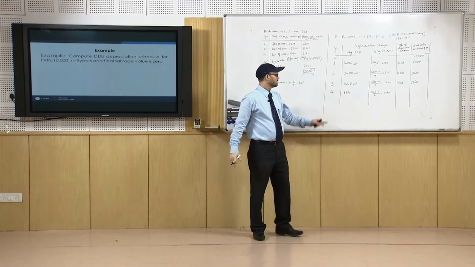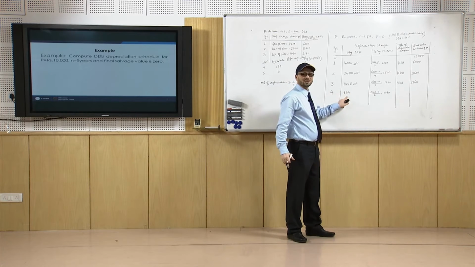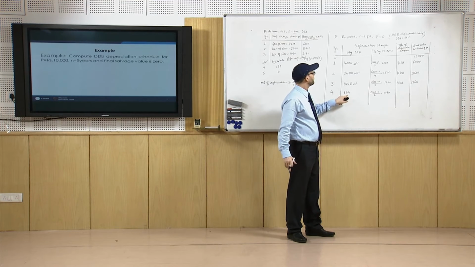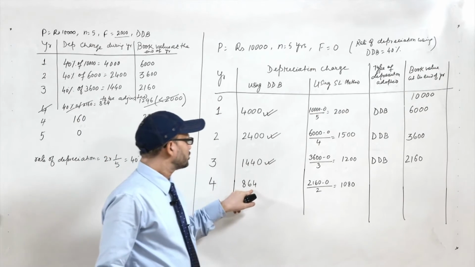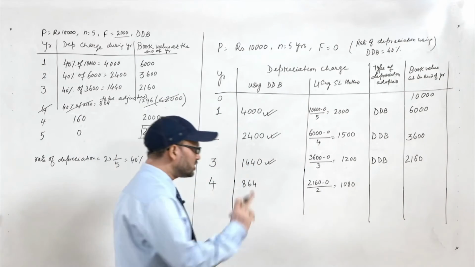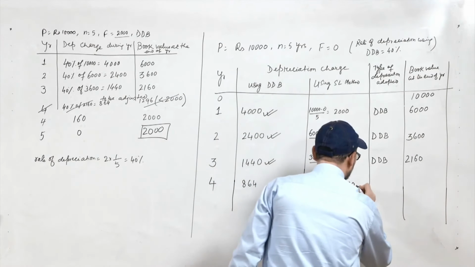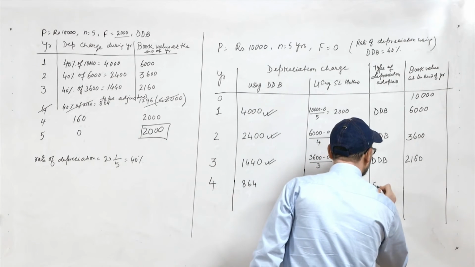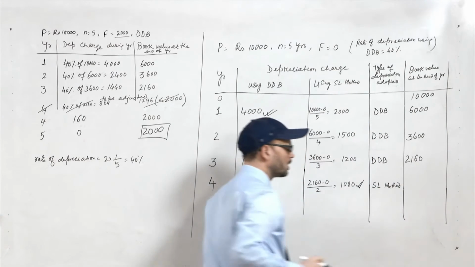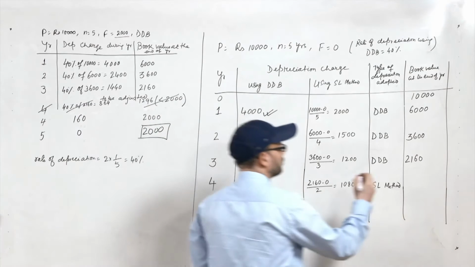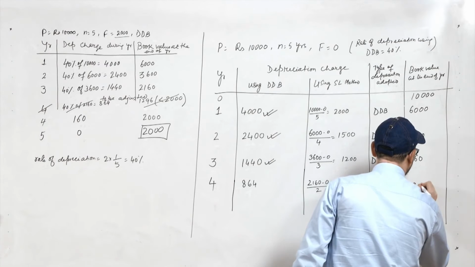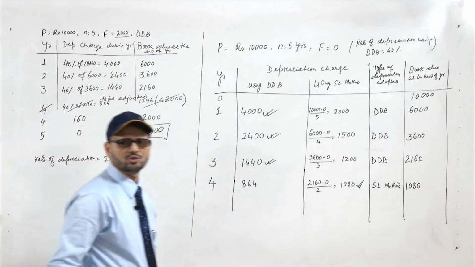What we see is that at this juncture the amount of depreciation calculated using double declining balance method is smaller than that calculated using the straight line method. So, this is the time we will switch over to the straight line method, and this is known as switching to straight line method. So, your book value will be 2160 minus 1080, that will be 1080.